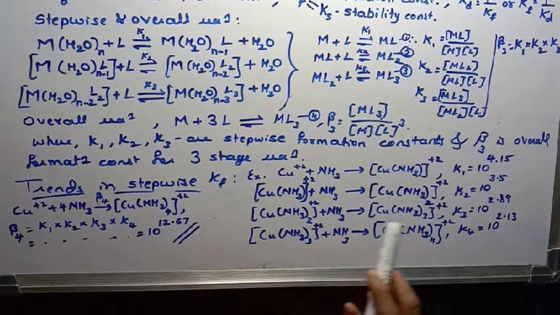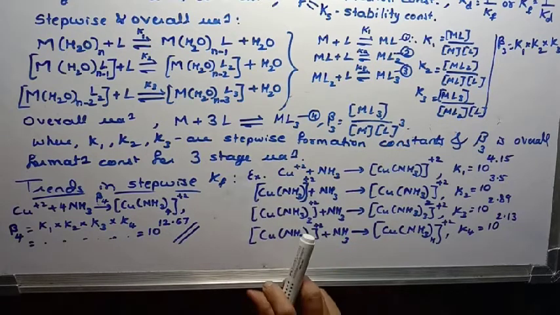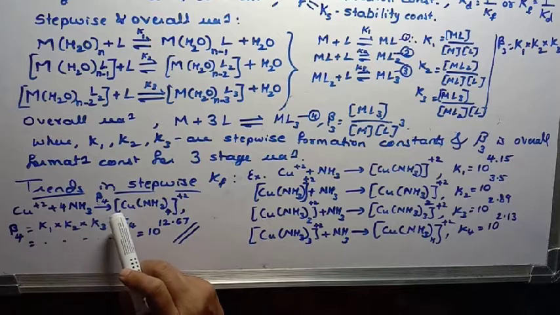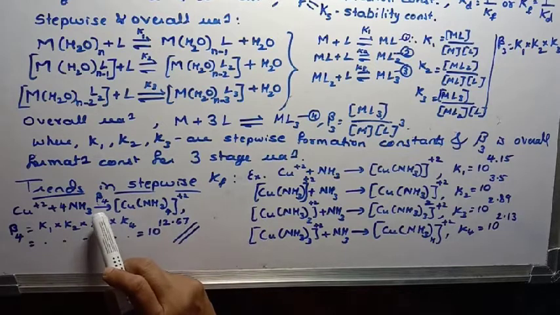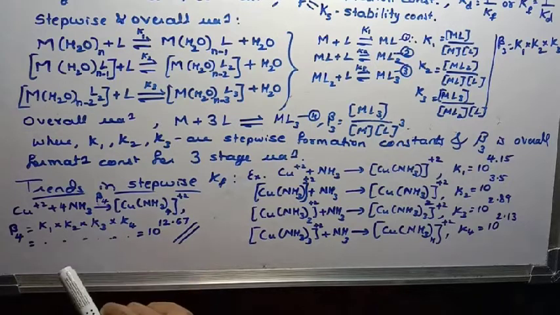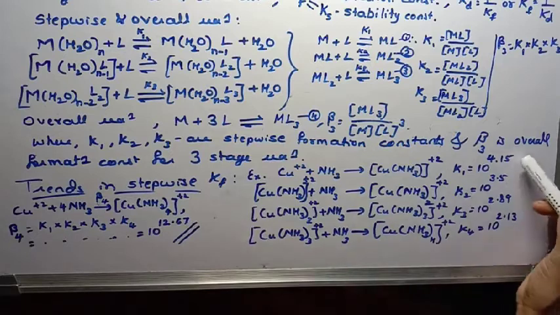Now for the overall reaction of this 4-step reaction, one can write Cu2+ plus 4NH3 gives Cu(NH3)4 2+. This formation constant is the overall formation constant, which is denoted by beta 4. And now beta 4 can be calculated by taking these values.